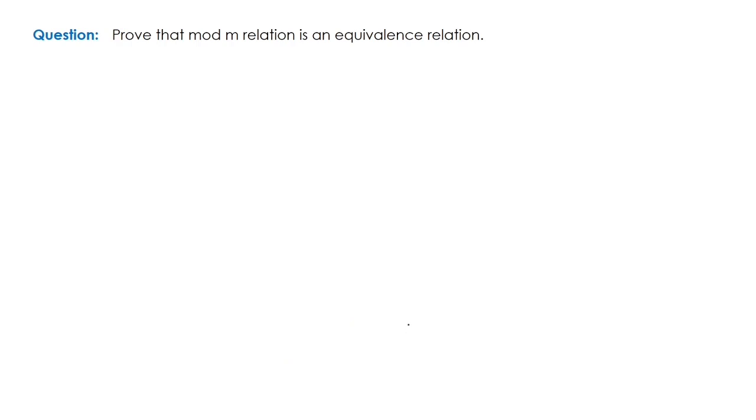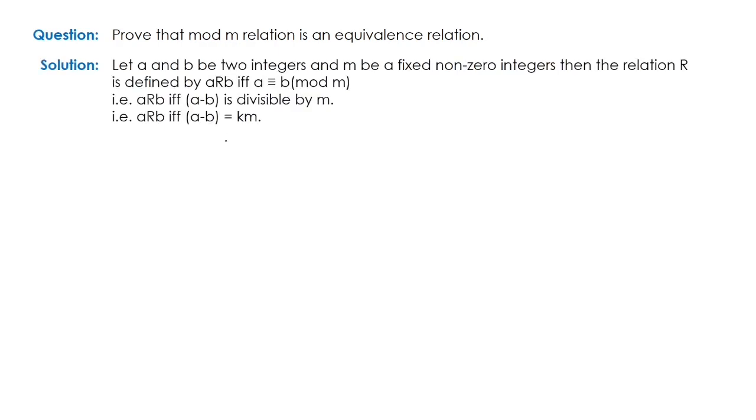Now let us prove that the mod M relation is an equivalence relation. So we have defined mod M, so let us do it here. The first thing we have to do is to prove its reflexivity. To prove the reflexivity, we let any element from the set A on which my relation is defined.